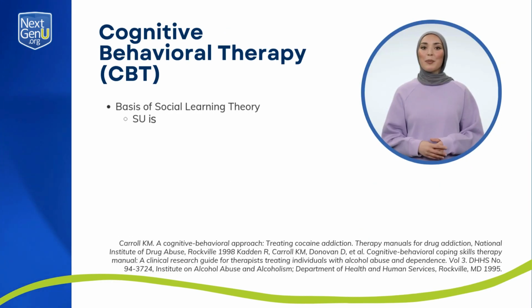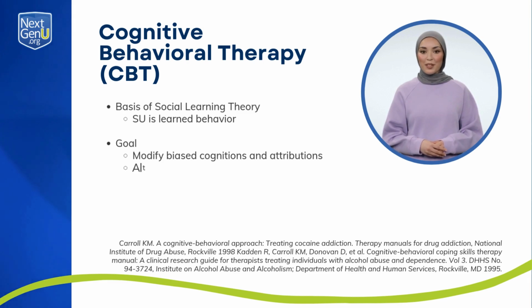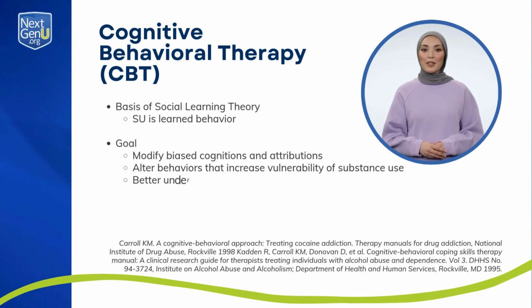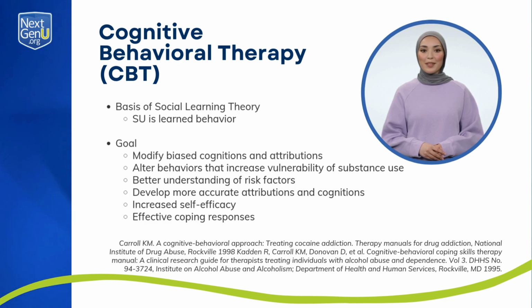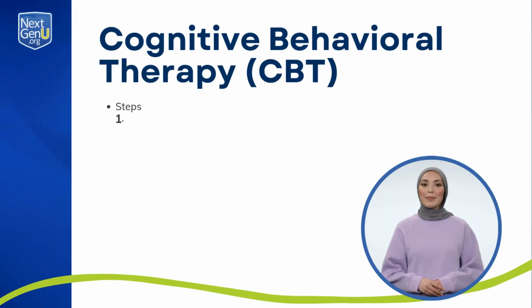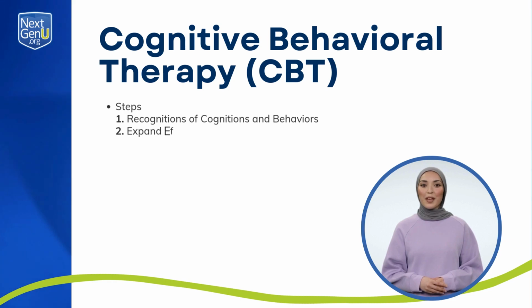Cognitive behavioral therapy is based on the social learning theory. The goal is to modify biased cognitions and attributions, alter behaviors that increase vulnerability to substance use, better understand risk factors, develop more accurate attributions and cognitions, increase self-efficacy, and develop effective coping responses. Steps of cognitive behavioral therapy include recognition of cognitions and behaviors and expanding effective coping responses, i.e., motivation and assertiveness.